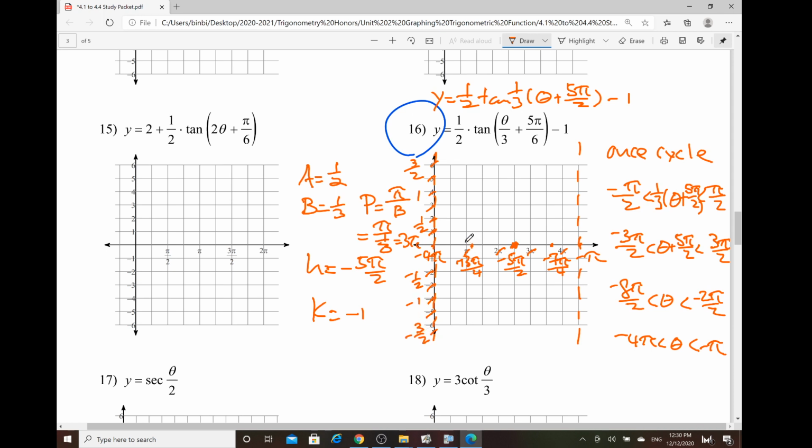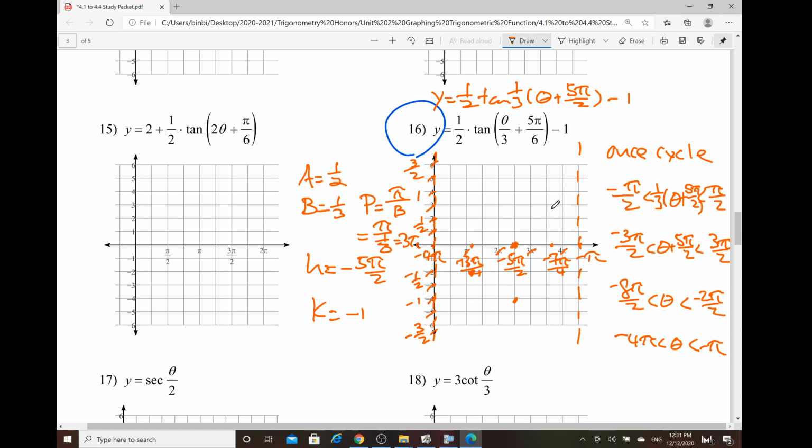So at this position, that'll be 1/2. But it's 1/2 minus 1, so that turns out to be negative 1/2. And then 0. So 0 minus 1, then that'll be negative 1. Again, you want to put in those transformations. And then let's see what else.